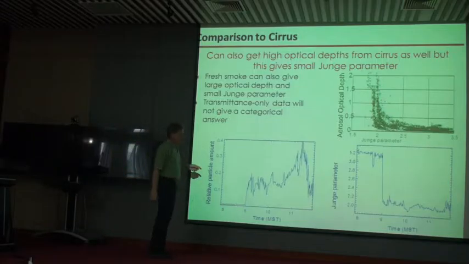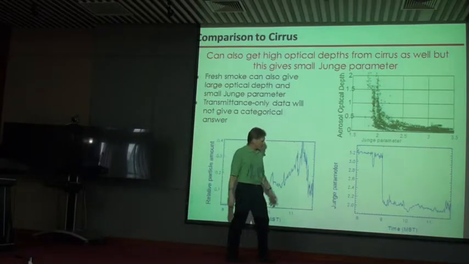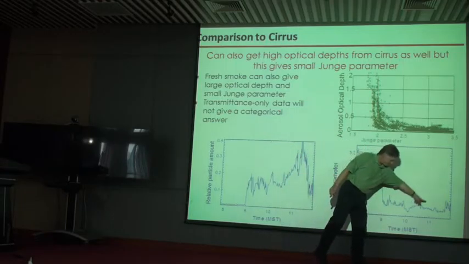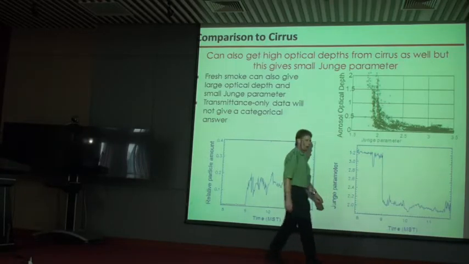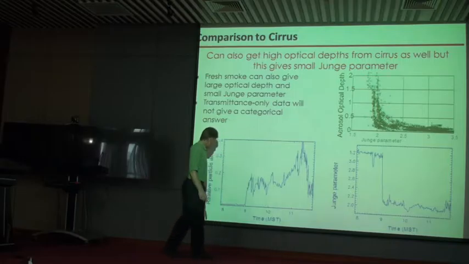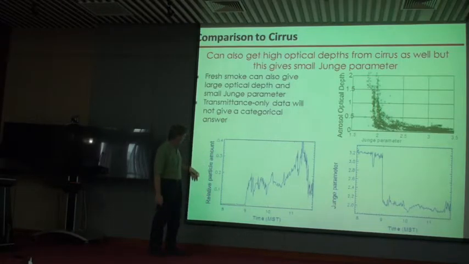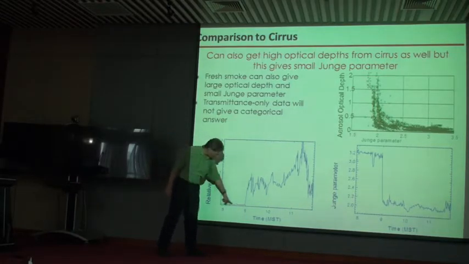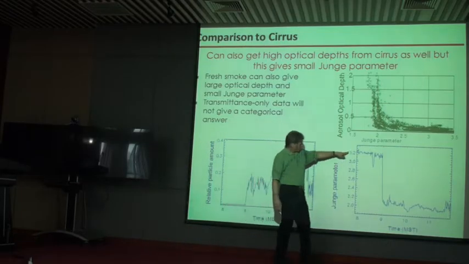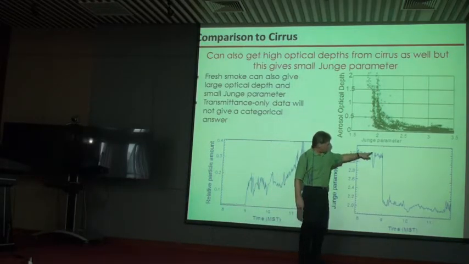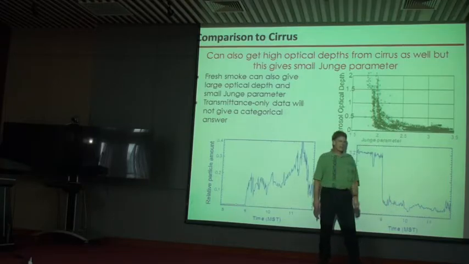So if it was cirrus clouds, we would expect the Junge parameter to drop. If we have a case where we know we have cirrus clouds, we have low, and then we have high. So you have a typical Junge parameter, and then all of a sudden you get a drop. That's a cirrus case.